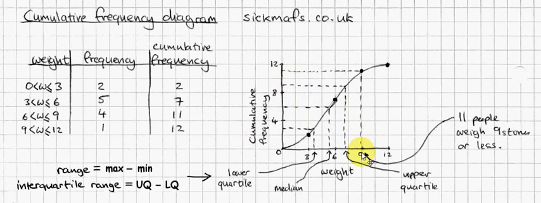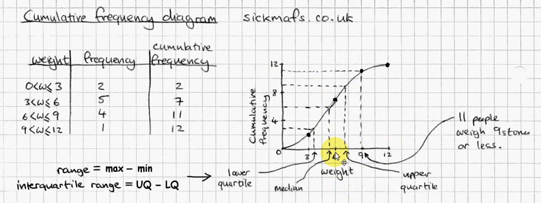Let me say that again in a couple of different ways. 11 people weigh 9 stones or less, and only one person therefore weighs over 9 stones. Let's pick another point here.